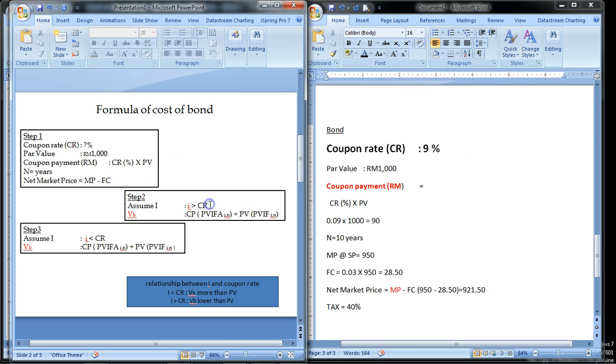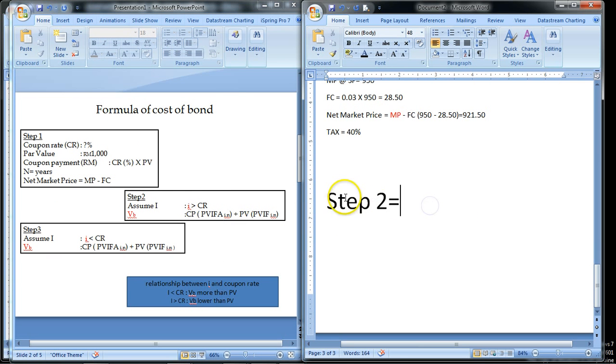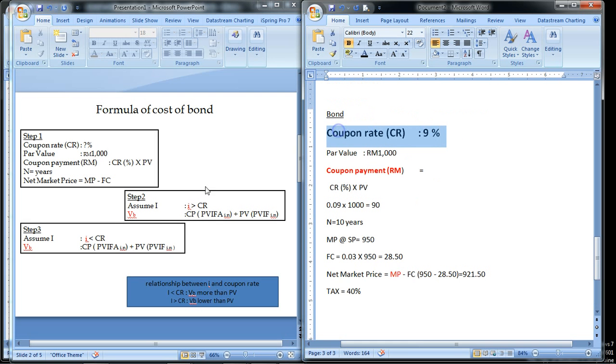So the first step, you must assume a required rate of return for I. You assume your interest rate, your required rate of return, must be higher than your coupon rate. Remember, you can make any assumption, but for my class, I recommend you assume 2% higher compared to your coupon rate. So if it is 9%, you assume your I is 11% minimum. If you want to use 12, 13, 14, no problem.